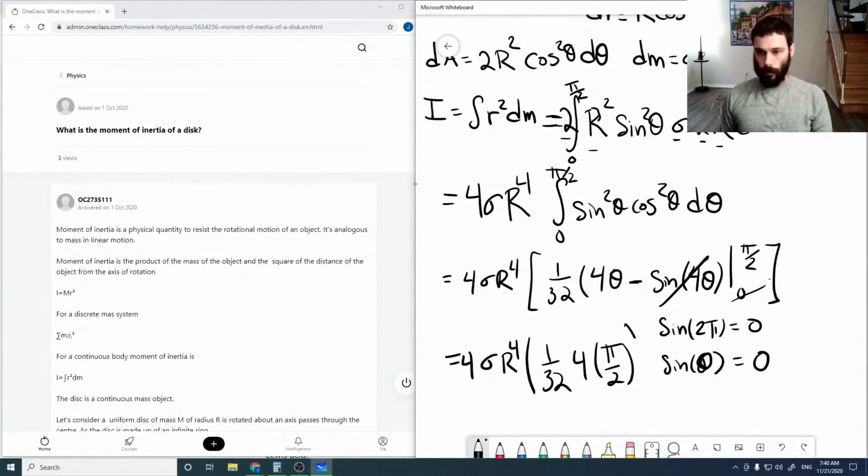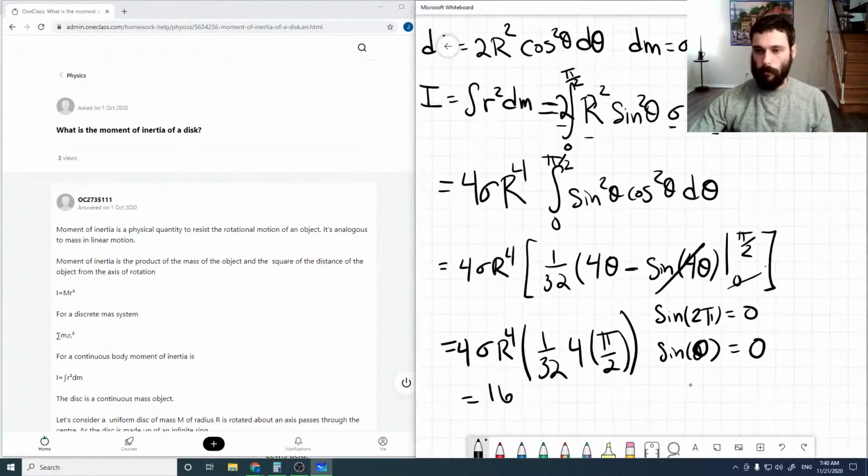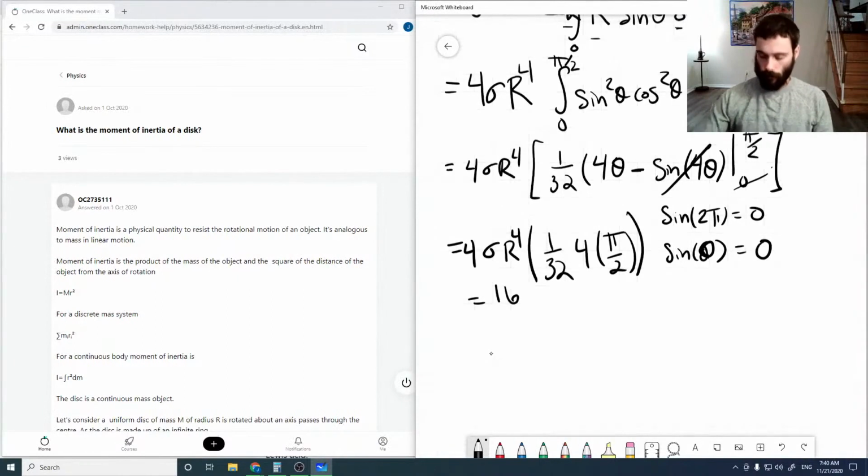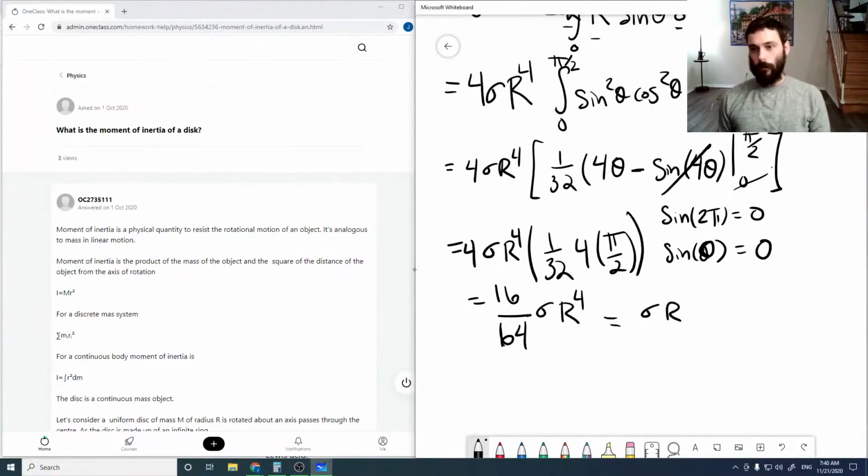And now we can start to pull some things out. So 4 times 4 is 16, 32 times 2 is 64. So it's 16 over 64 sigma R to the 4th. And then that's just a quarter. So it's sigma R to the 4th over 4.